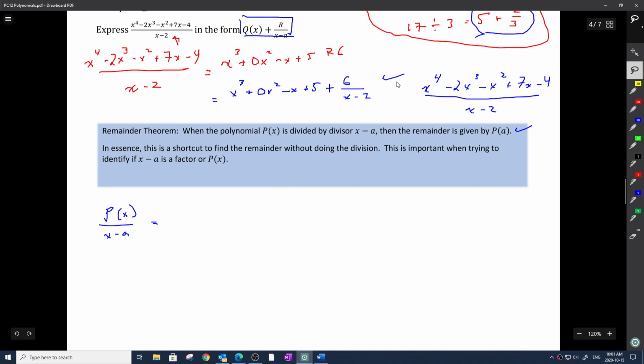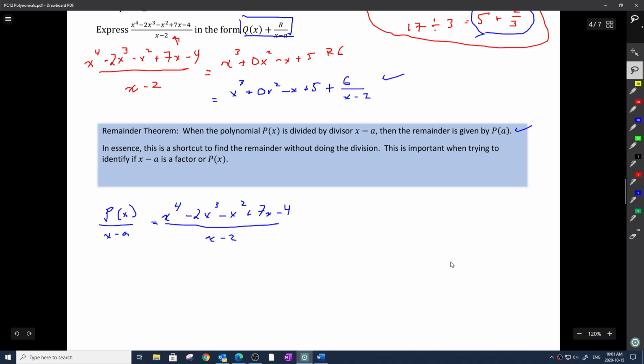Have I done an example? Can I think of an example? Sure, I can think of an example. Let me use the example that was above. Now, let me try to rework this. When a polynomial p of x, we did do a polynomial p of x, is divided by x minus a. That's what I have. Feel good with this example. Then the remainder is given by p of a.